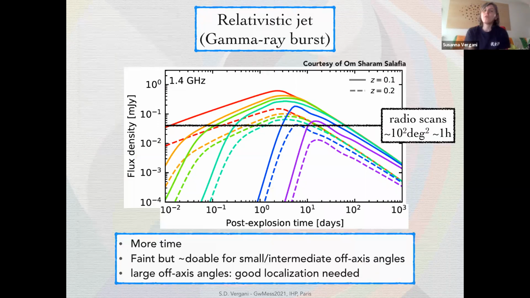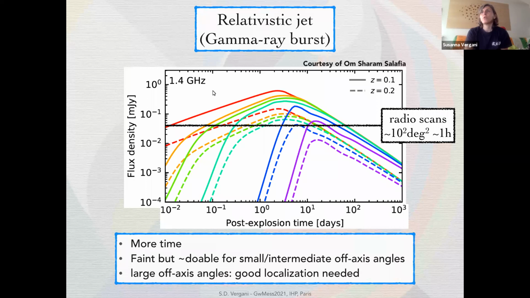If we now look at the radio light curves, again I have the simulation, and it is at 1.4 gigahertz. You can have many different radio frequencies, okay? I chose this one because the wide-sky surveys at the moment are most sensitive at such frequencies.